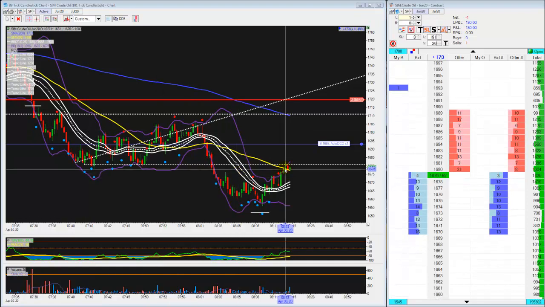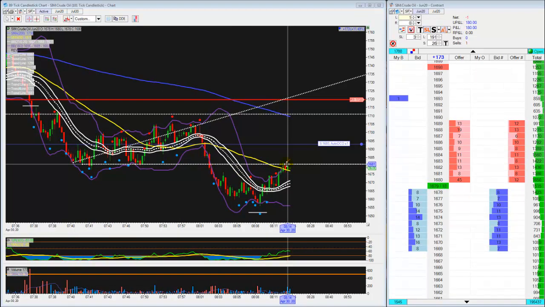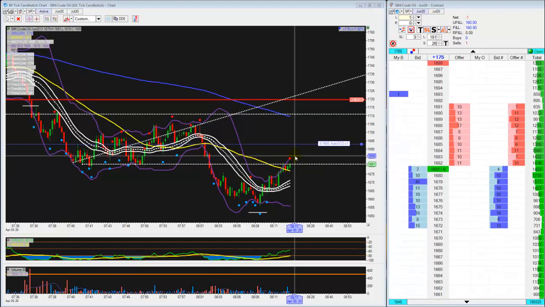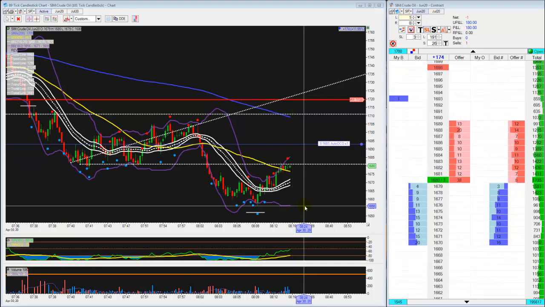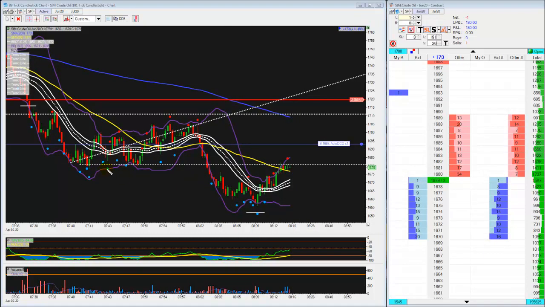Alright, so the market getting back up to here, that's pretty normal. Hopefully it won't go much further than right in here before coming down again. If it's a true down move, it should stop somewhere around here and then come back like that.